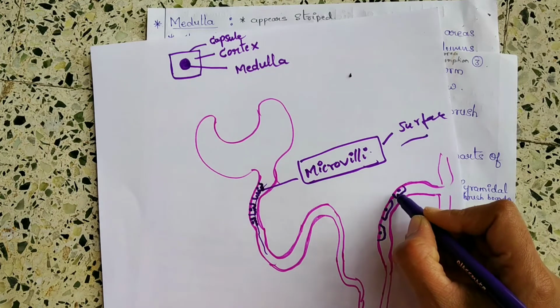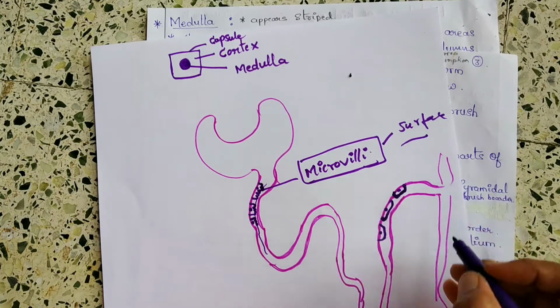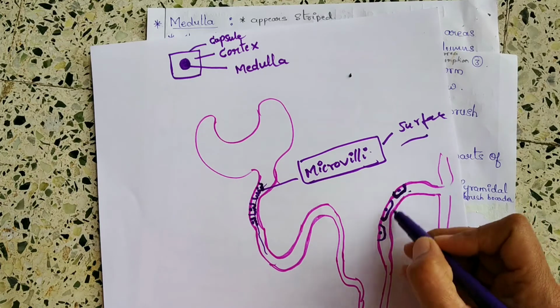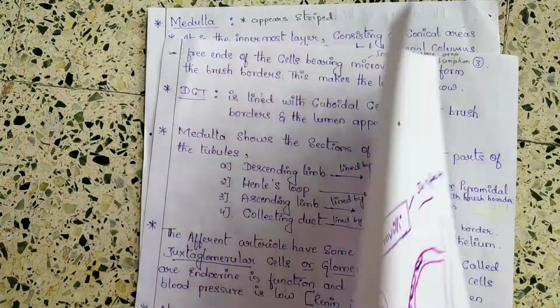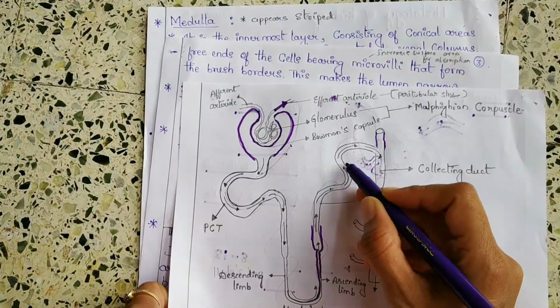That's why it doesn't show a brush border appearance. Because of the absence of microvilli, the lumen looks very large.